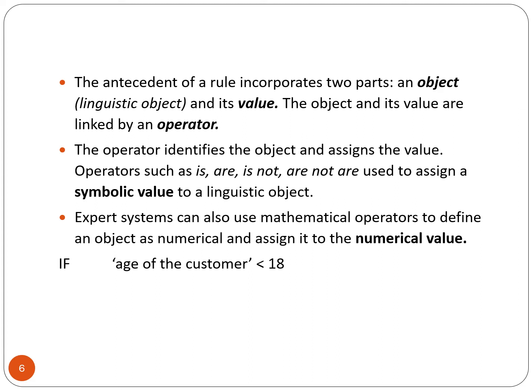Okay, this is the example. As we know, this is the object and less than is the operator. This is the value 18. So in this example, if age of the customer is less than 18 and cash withdrawal is greater than 1,000.